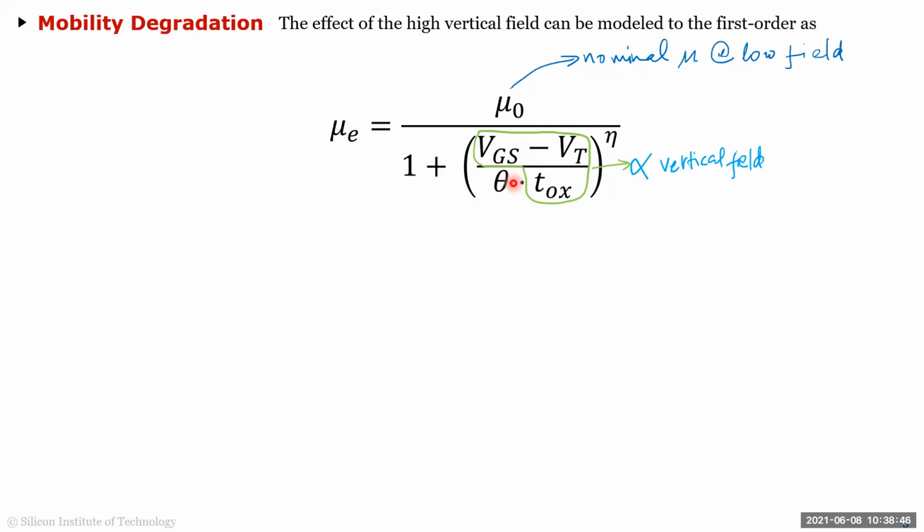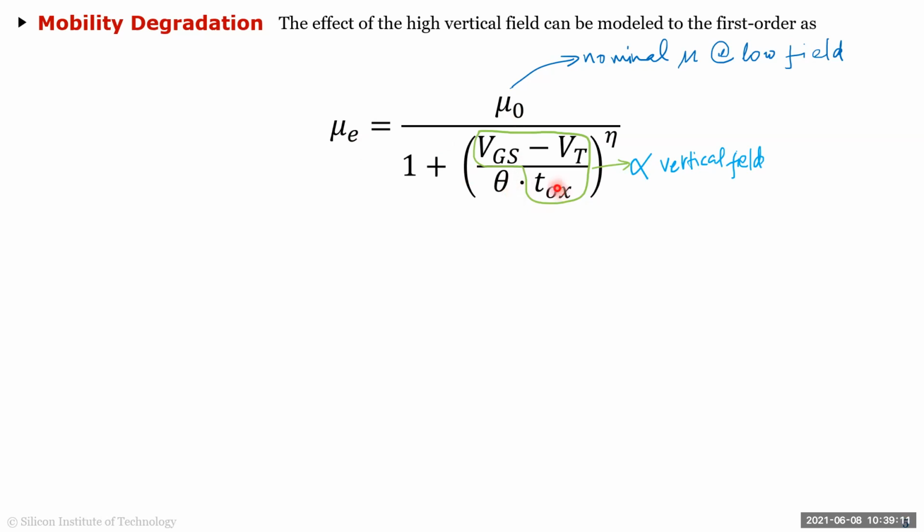And we add this empirical term here called theta, and this theta's unit has to be volt per meter, which is electric field, because you want to make this term unitless. Since this is mu naught, and mu needs to have the same unit as mobility, I want to make this term unitless. So this theta is going to be volt per meter.